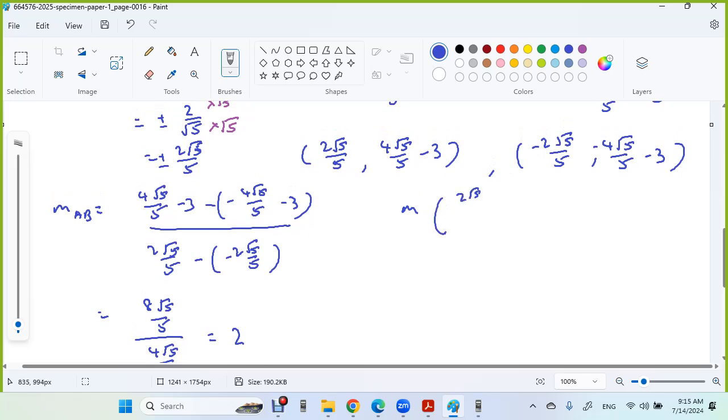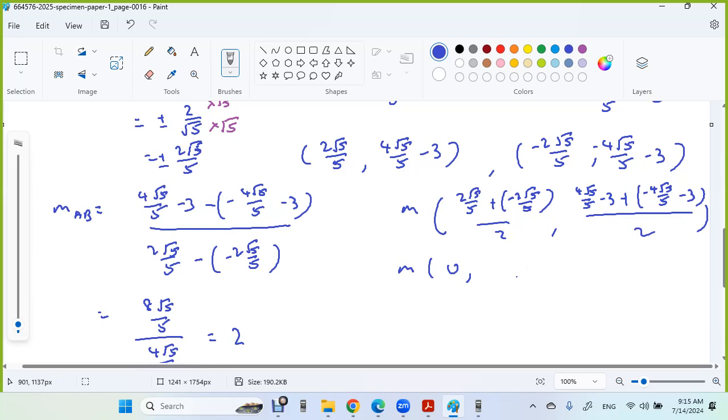So 2 square root 5 over 5 plus negative 2 square root 5 over 5, over 2, and then 4 square root 5 over 5 minus 3 plus negative 4 square root 5 over 5 minus 3, divided by 2. So the midpoint will be (0, negative 3).